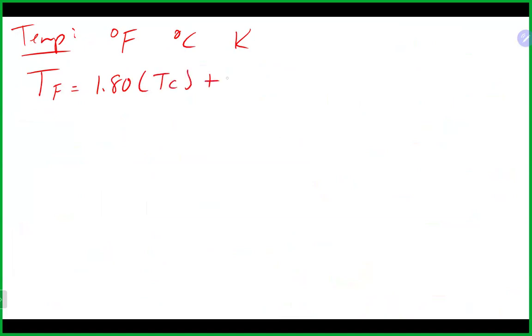We also talked about temperature conversions. Remember, there are 3 temperature scales: degrees Fahrenheit, degrees Celsius, and our friend Kelvin. Temperature in Fahrenheit is equal to 1.8 times the temperature in Celsius plus 32. If we want the temperature in Celsius, that's the temperature in Fahrenheit minus 32 divided by 1.8.